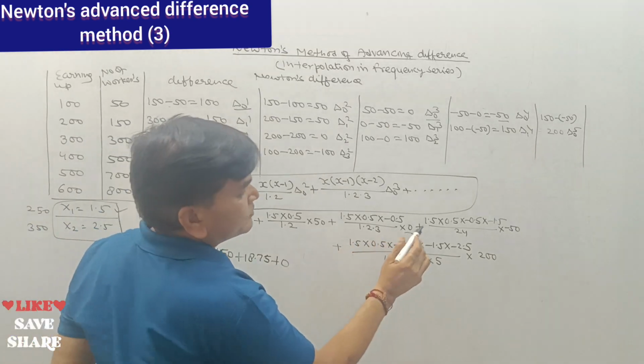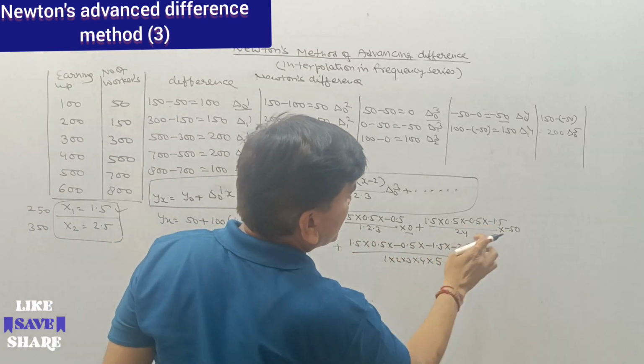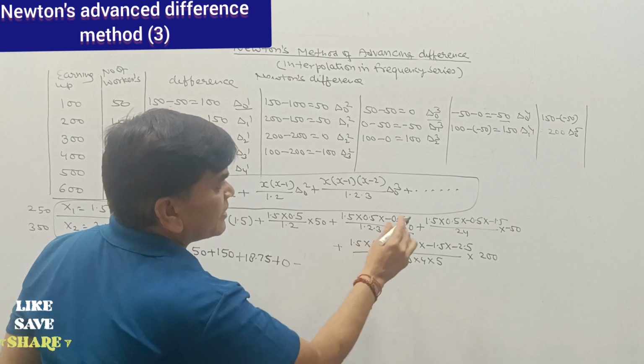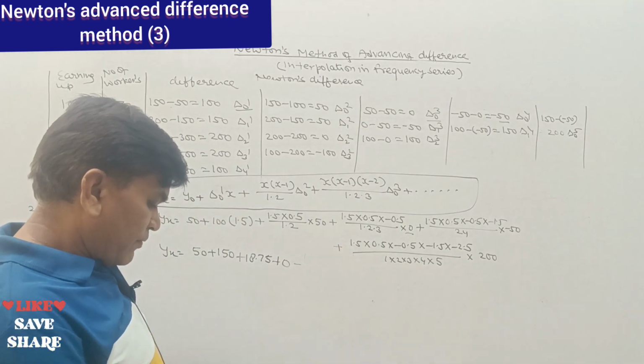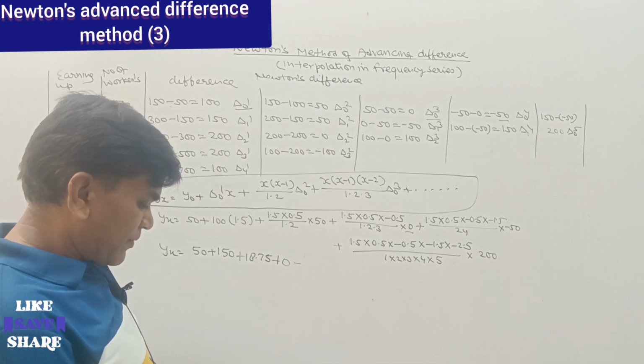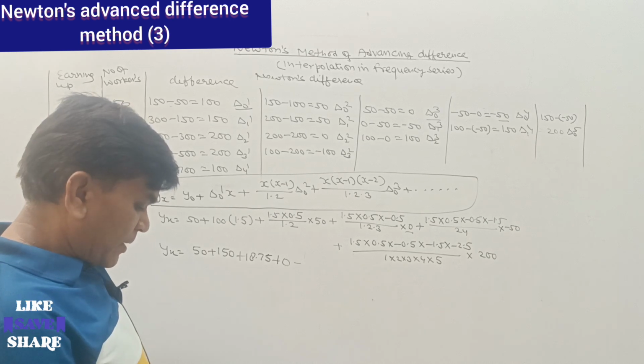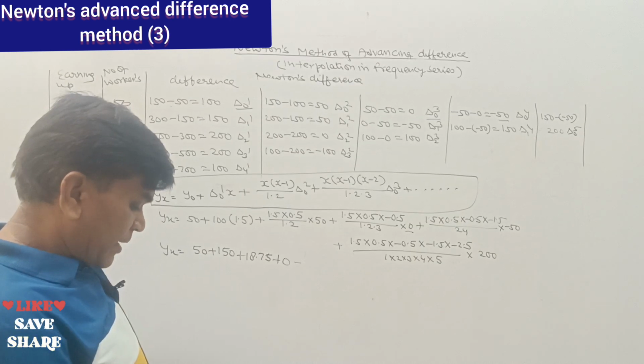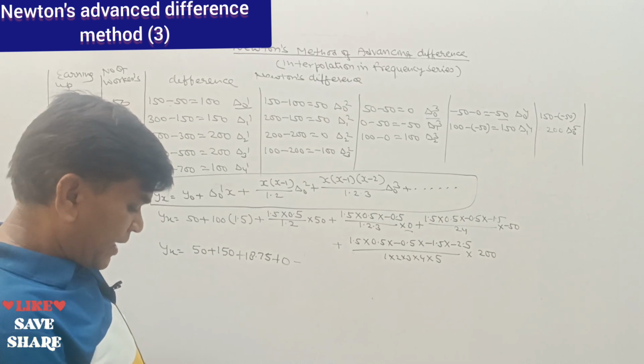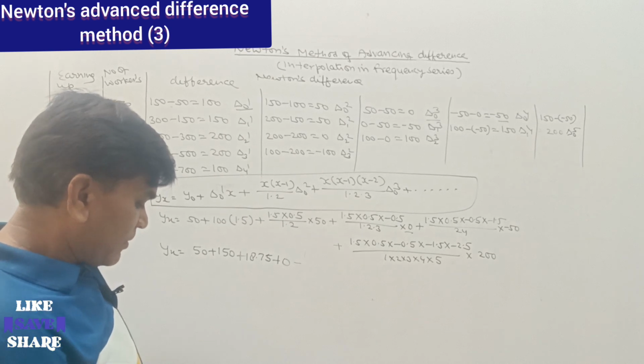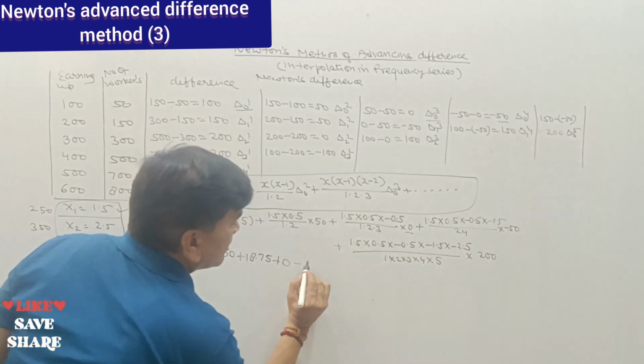Then 1.5 multiply 0.5 multiply 0.5 multiply 1.5 multiply 50 divided by 24, with a minus sign, is minus 1.17.